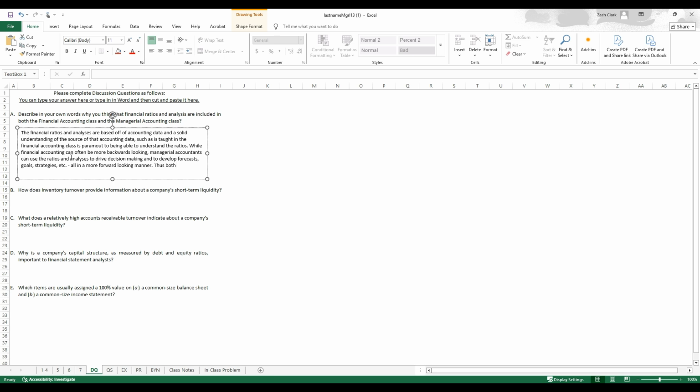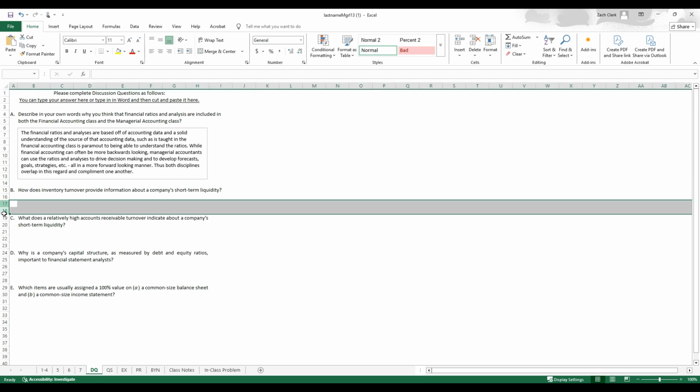Thus, both disciplines overlap in this regard and complement one another.